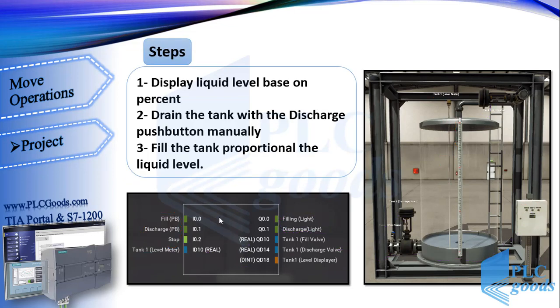For this plant, first we want to display the liquid level based on %, on the digital displayer. Then, we can drain the tank manually, with the discharge push button. Finally, the fill push button fills the tank proportional to the liquid level.